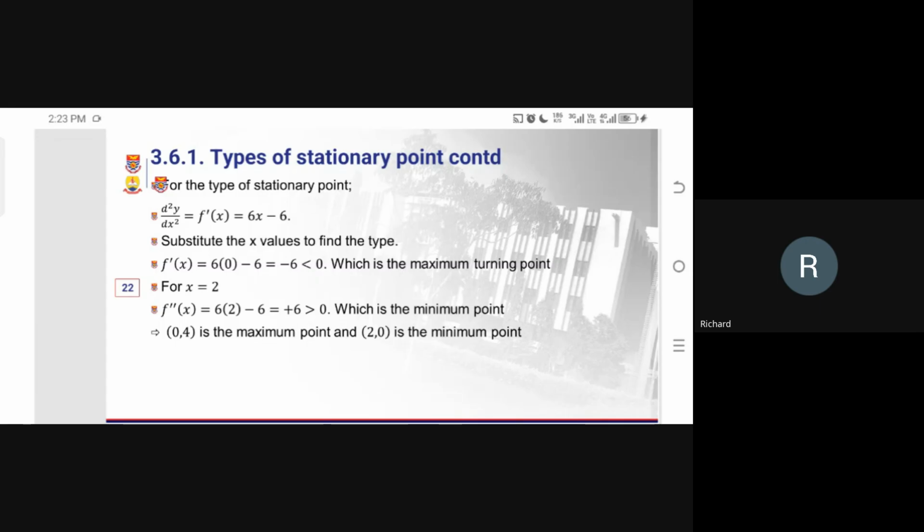This is what we had for our second derivative. And we solved for our stationary values to be x equal to 0 and x equal to 2. So when x is 0, what will be your value? It's going to be -6.